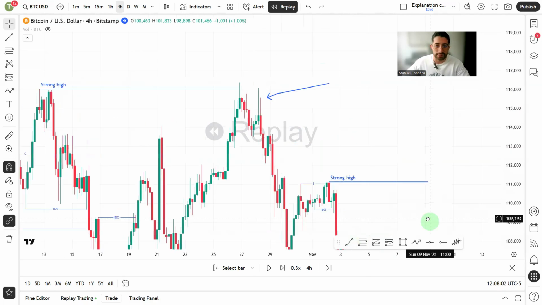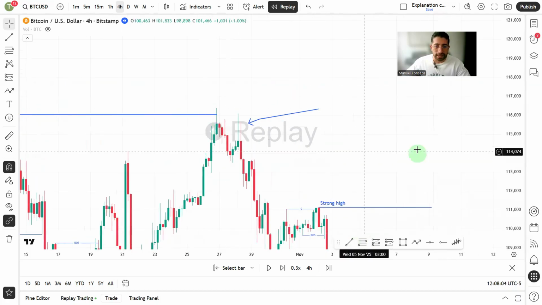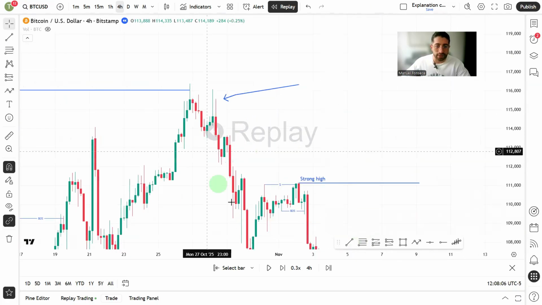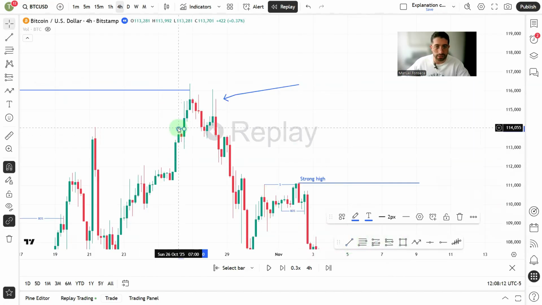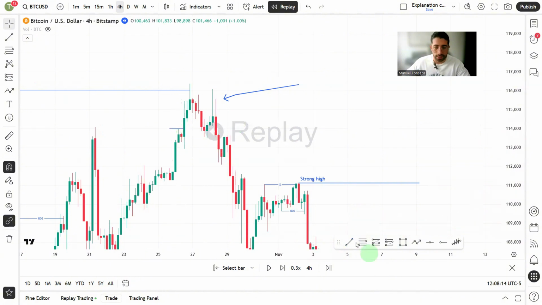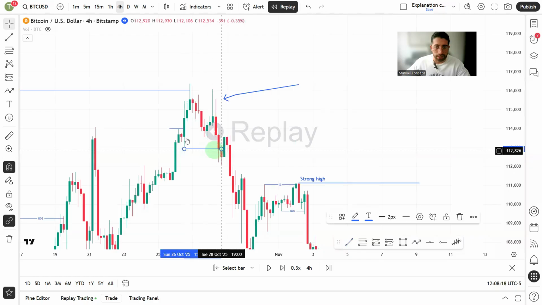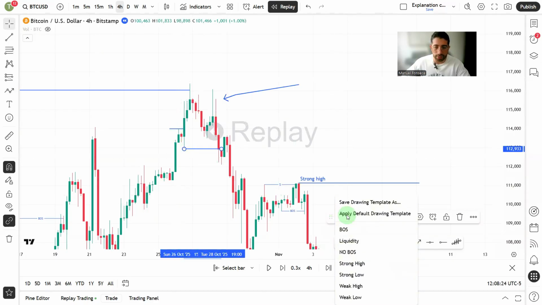Perfect. Now, at this high, does it follow the same pattern? It does. Look, liquidity taken in this high, swing high is created, and then the swing low is created right here. Now, again, the liquidity of the swing high is broken with a body of the candle or a candle wick.